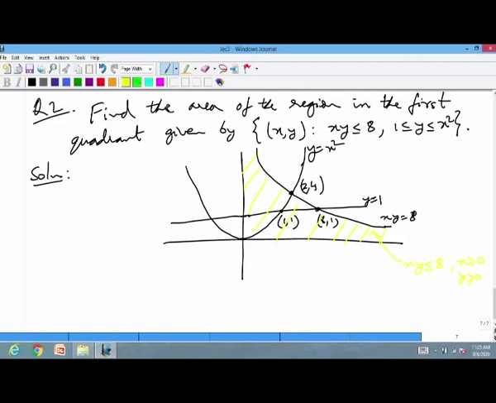Now, let us draw the region y greater than equal to 1. This is above this line. This is the region y is bigger than equal to 1 in first quadrant.